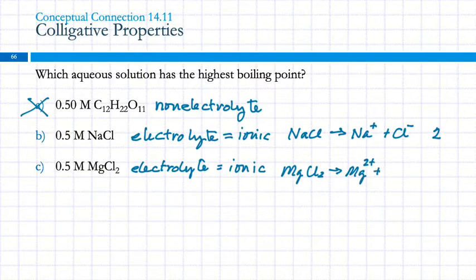Get Mg's 2 plus and 2 chloride ions, right? So that's 3. Now we know that the actual Van 't Hoff factor is a little bit less, but this is good enough to allow us to compare which one's going to have a higher boiling point. C, the one with more particles. Any questions?